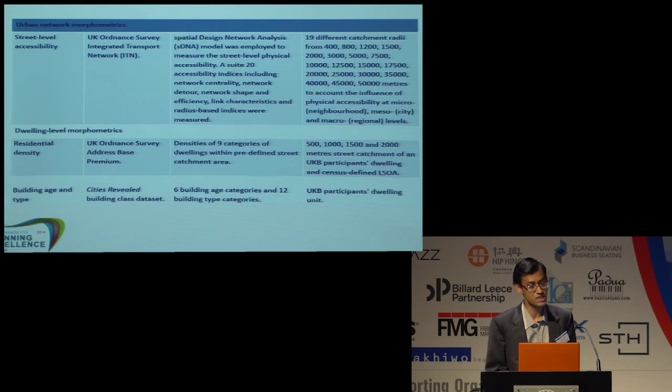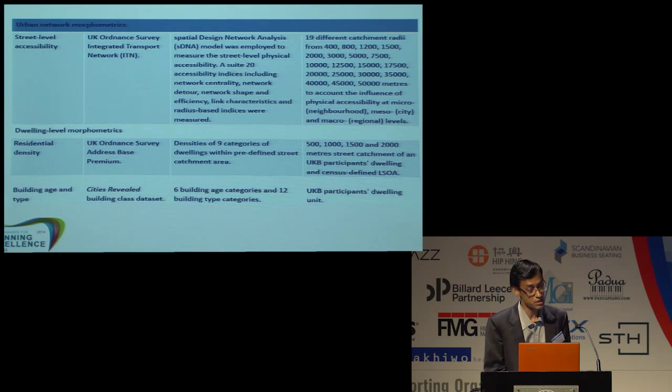Now, for street-level physical accessibility, we use sDNA to model street-level physical accessibility indices, including network centrality, network detour, network shape, efficiency, link characteristics, and radius at 19 different catchment areas ranging from 400 meters to 50 kilometers. And then they are linked to each individual UK Biobank respondent's dwelling location.